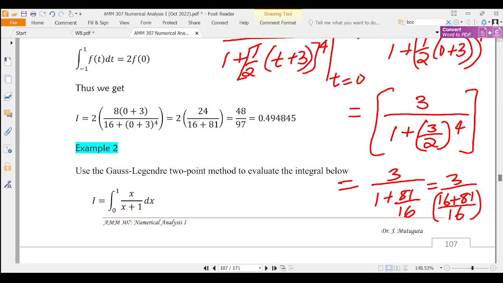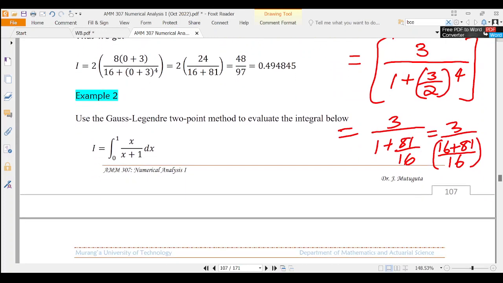And when we are dividing a number by a fraction, we take the reciprocal of the denominator, so that this one becomes 3 times 16 all over 97, which will give us 48 all over 97, which is our solution.